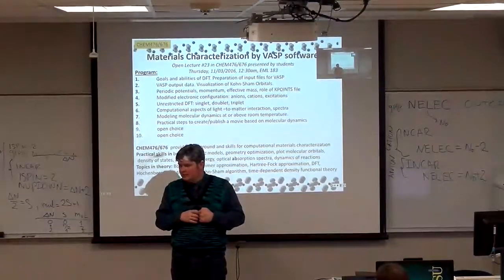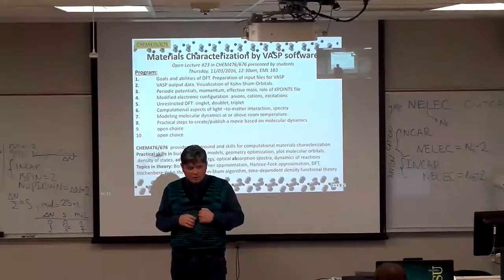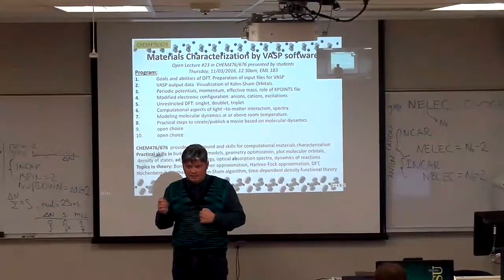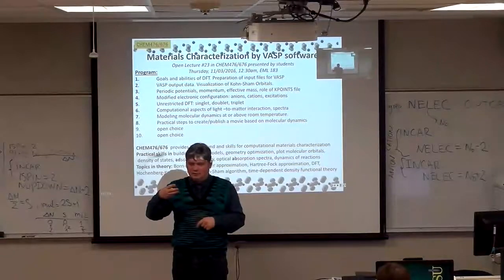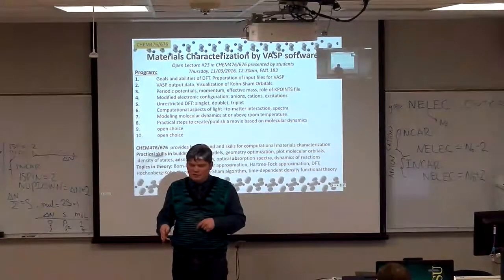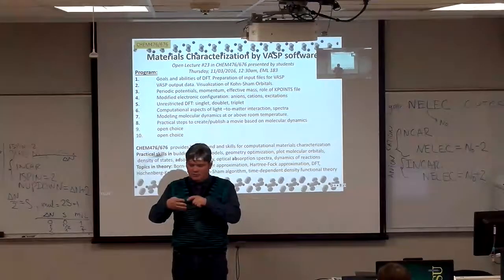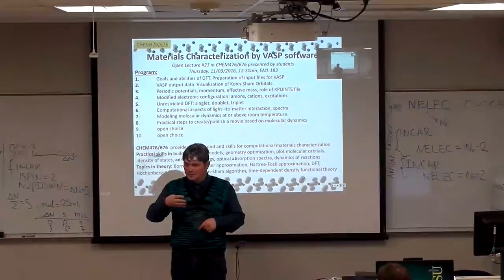Next, we will start with neutral, and then we will practice anions and cations. So you already see gamma neutral, gamma anion, gamma cation. Then we will try the lowest excited state. So gamma neutral, gamma anion, gamma cation, gamma excited.